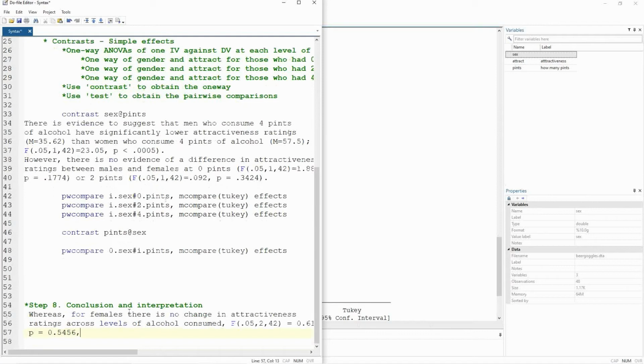So whereas for females there is no change in attractiveness ratings across levels of alcohol consumed, for males there was a significant drop-off, or significant decrease, in attractiveness ratings from 2 pints to 4 pints.